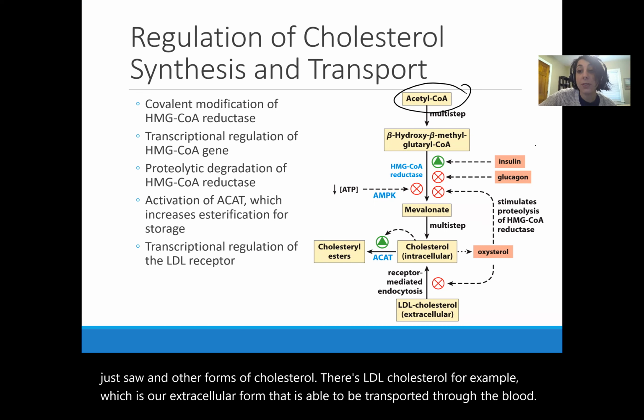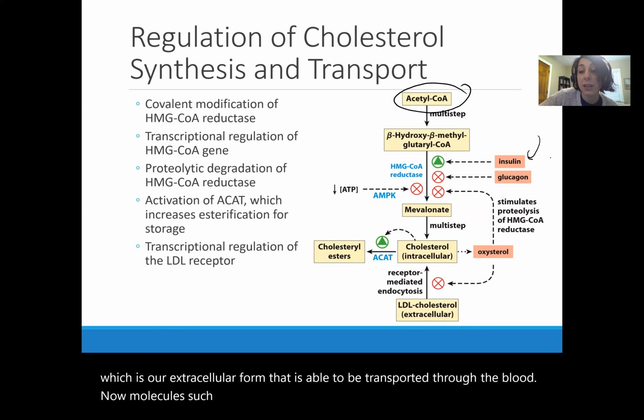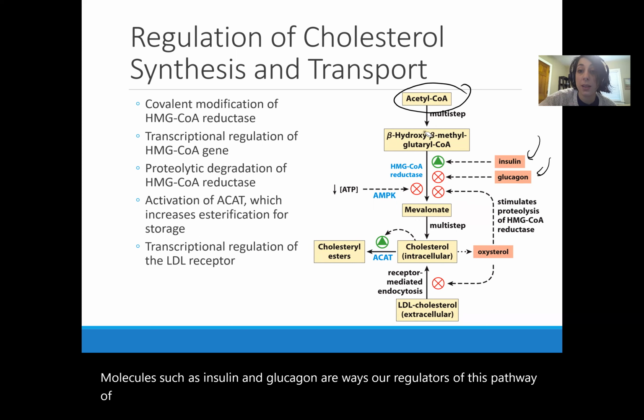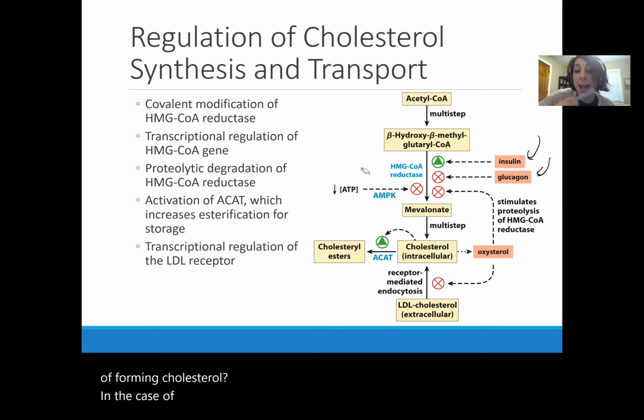Now, molecules such as insulin and glucagon are regulators of this pathway of forming cholesterol. In the case of insulin, you can see this activates the pathways to help form cholesterol and cholesterol esters.